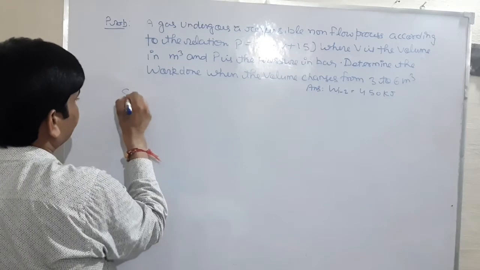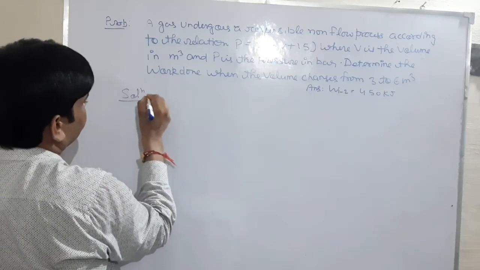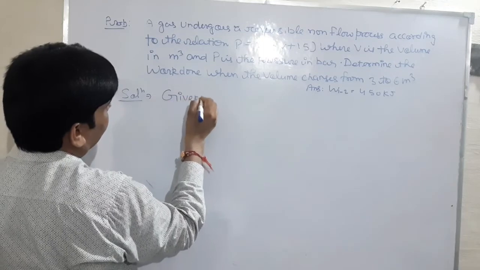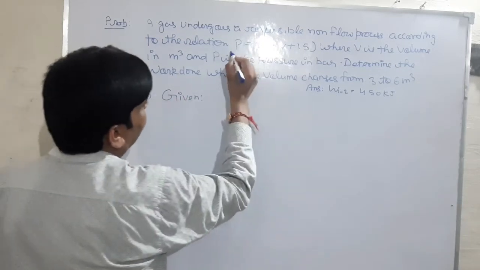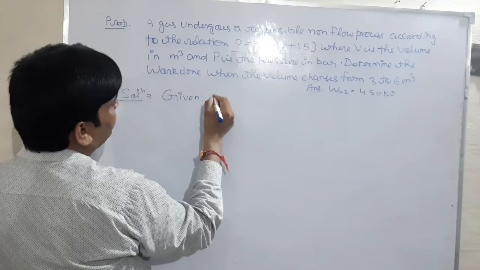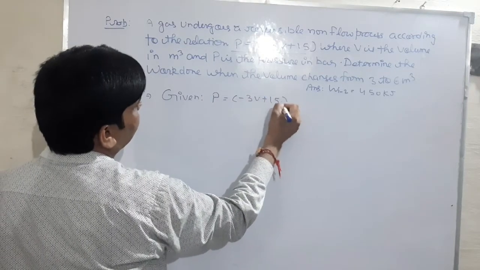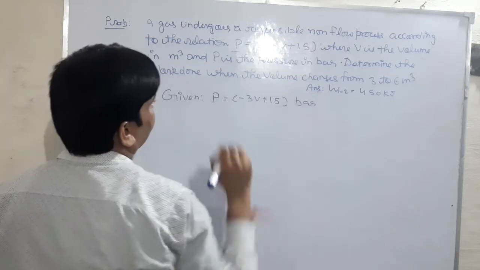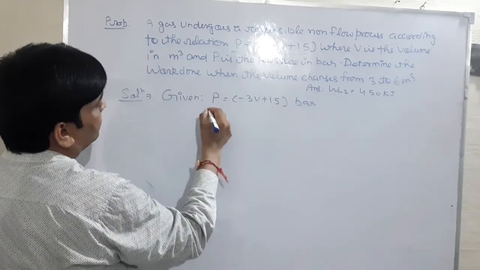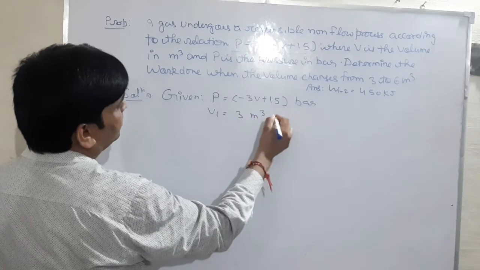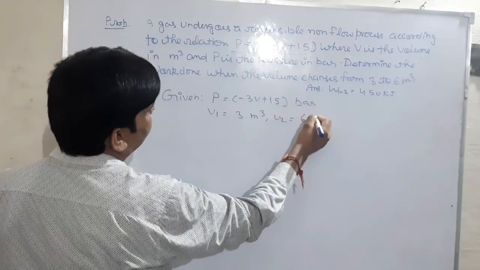Given equation is P equal to minus 3V plus 15 bar, and V1 equal to 3 meter cube and V2 equal to 6 meter cube.